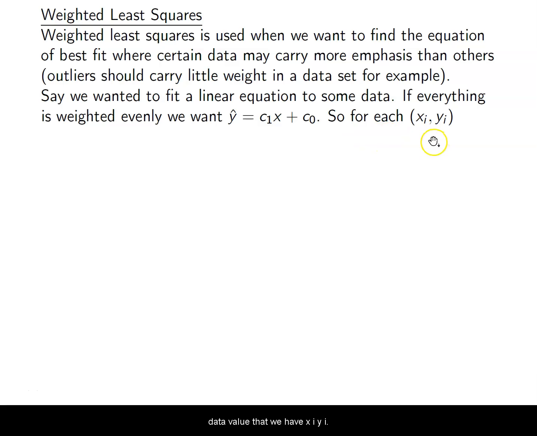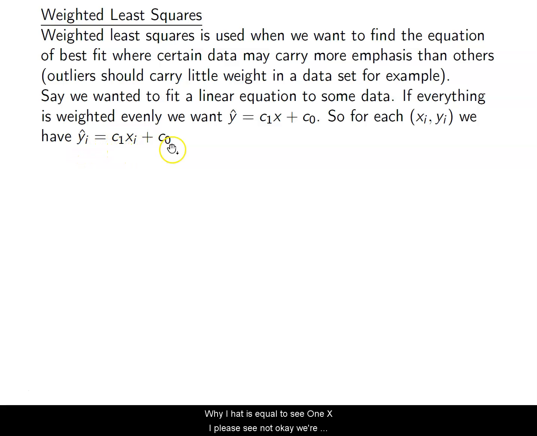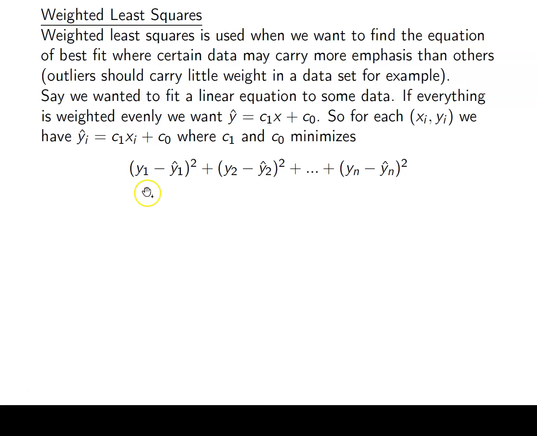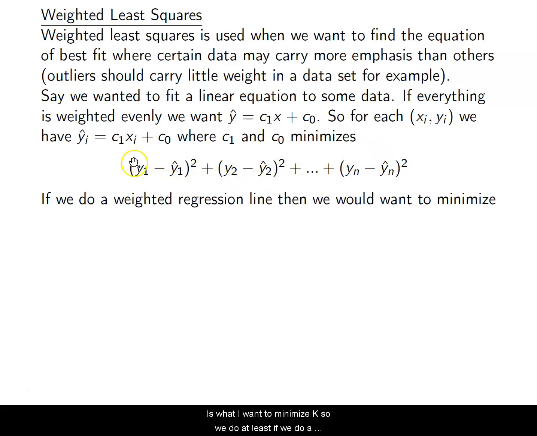So for each data value that we have, xi, yi, we have yi hat equal to c1 xi plus c naught, where c1 and c naught minimize the distance from our actual data to our least squares line. So the distance between the actual output value and the output value that I get from my least squares line, squared, plus so forth, for each data value, is what I want to minimize.